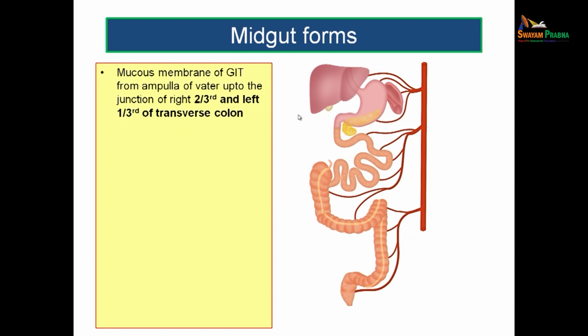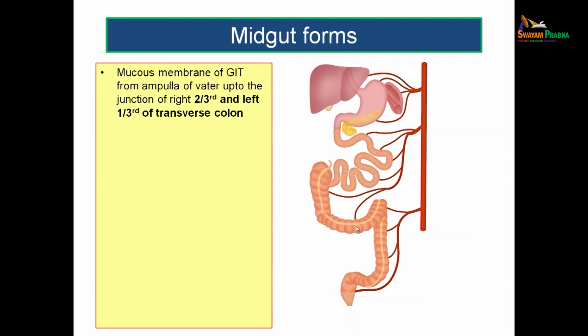Now, what are the structures derived from the midgut of the primitive gut? Midgut starts from the second part of duodenum, exactly from the ampulla of Vater, up to a region in the transverse colon. During the course of development this will be coming down in adults. So, this is the transverse colon, at the junction of right 2/3 and left 1/3.